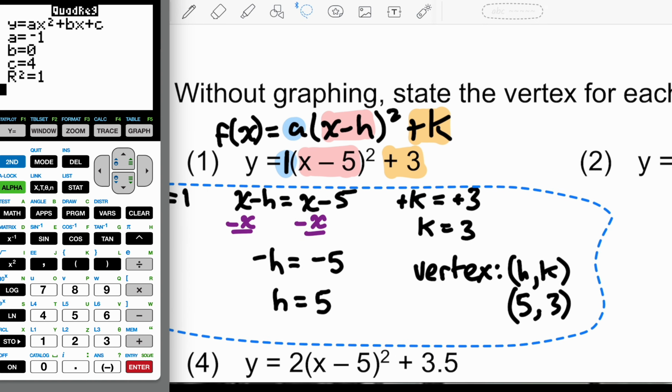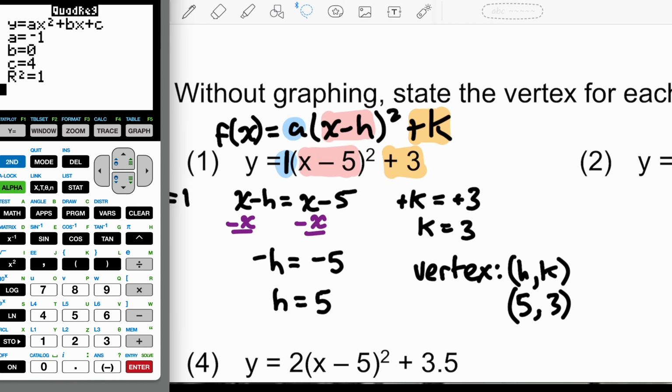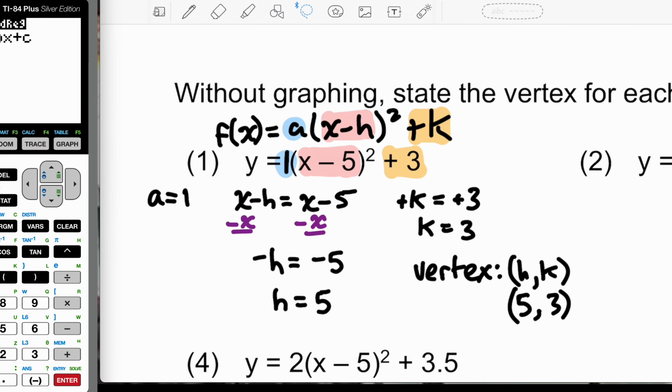So that's a very procedural way of doing it. It's a little lengthier. There are some shortcuts. The most notable shortcut is you take the opposite sign of whatever number is contained within the parentheses and make that your h value, and keep the sign of whatever is outside the parentheses as the add-on at the end, and that would be your k value.